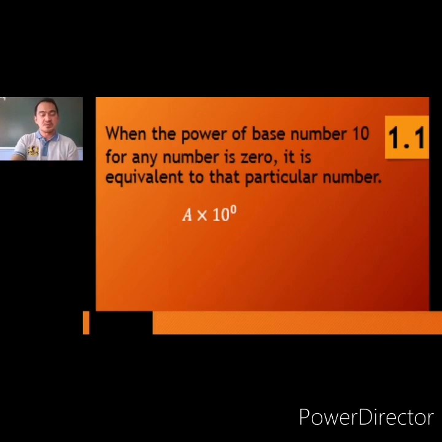So, A times 10 raised to 0, your power of base 10 is 0, automatically that is equal to 1, multiplied by A is equal to A. 2.7 times 10 raised to 0. 10 raised to 0 is 1 times 2.7 equals 2.7. Remember that any number that is raised to the power of 0 is equivalent to the value 1.